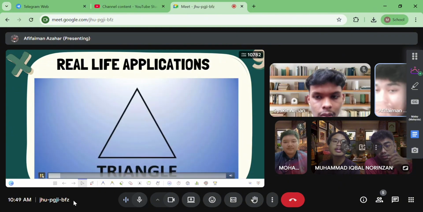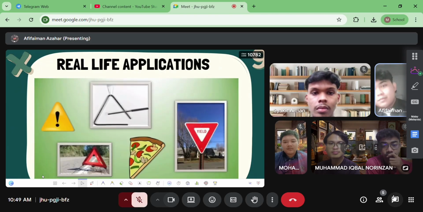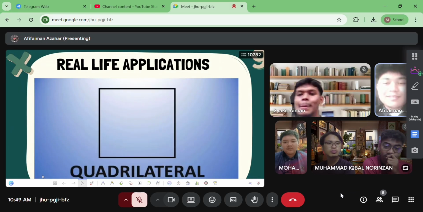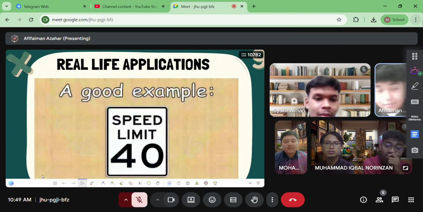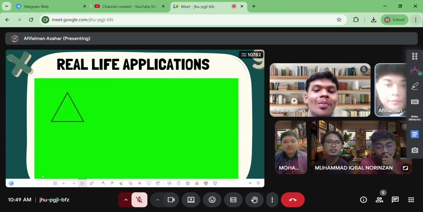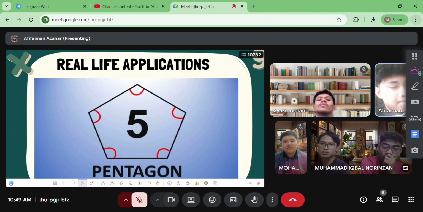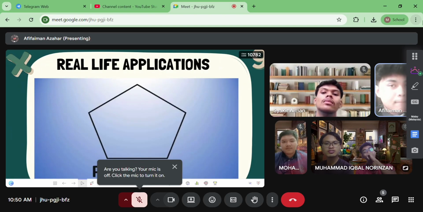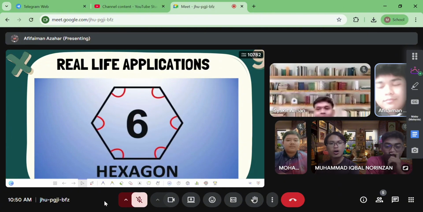A triangle has three sides. Three angles based on straight lines. You see triangles all the time. A triangle has three sides. A quadrilateral has four sides. And four angles based on straight lines. A good example is a speed limit sign. A quadrilateral has four sides. A pentagon has five sides. And five angles made from straight lines. The pentagon building might come to mind. A pentagon has five sides. A hexagon has six sides. And six angles made from straight lines.